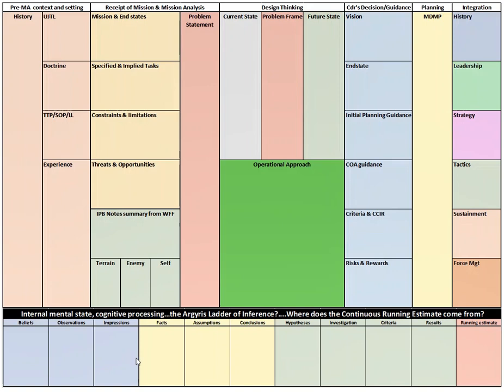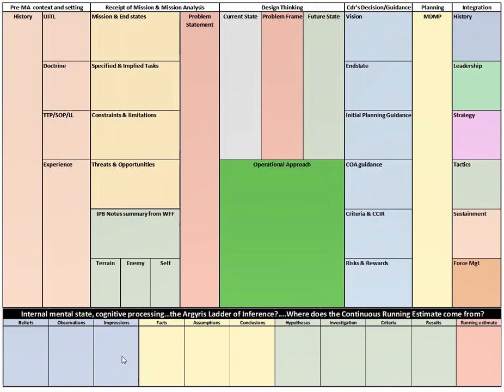And then we shift to a second stage of more formal thinking where we analyze those beliefs, observations, impressions, and maybe categorize them by facts, assumptions, and then use reasoning to make conclusions about those facts and assumptions. So we're already updating this first set of beliefs, observations, and impressions. And from those tentative conclusions, I would say that probably is also your current running estimate.